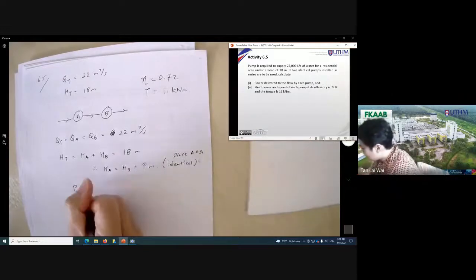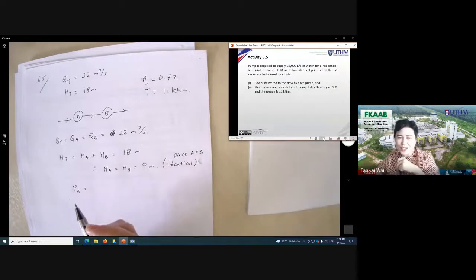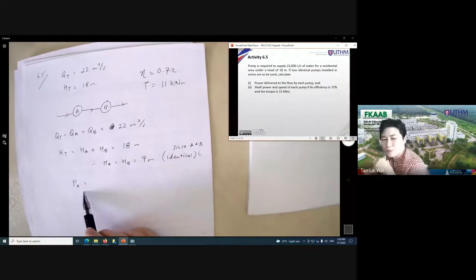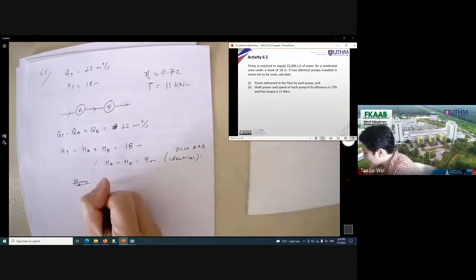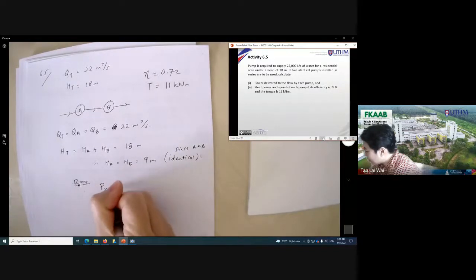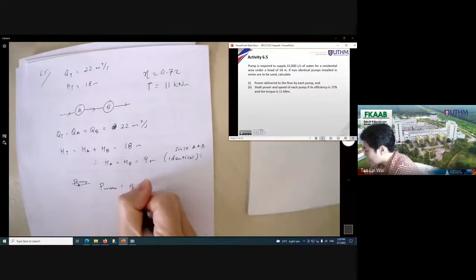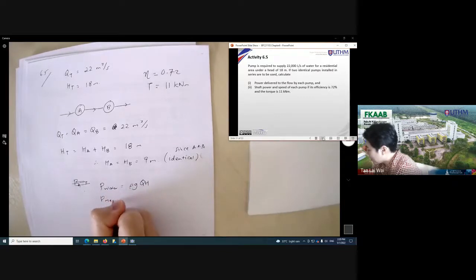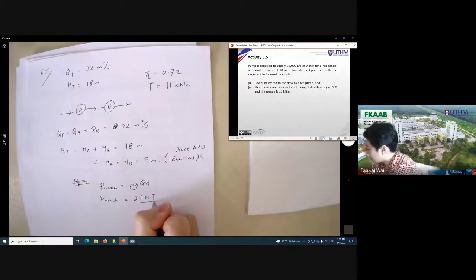Before that, I wanted to ask you, do you still remember what is the power of a pump? The formula? Okay. If you still remember, the formula for power of water would be rho GQH. For mechanical power would be 2 pi NT over 60.